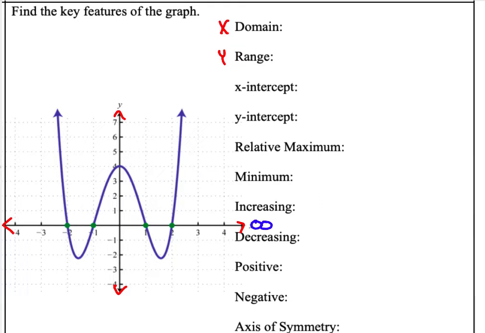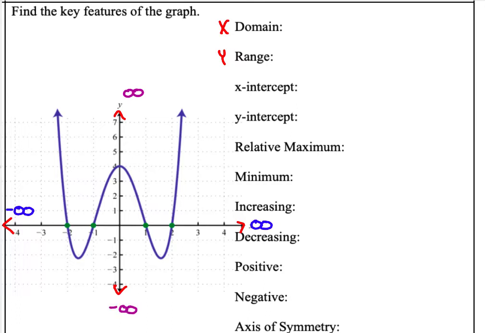Same thing in the negative x direction: negative 1, negative 2, negative 3, negative 4, I would eventually head towards negative infinity if I were to keep going. So if this graph got bigger and bigger, I would keep going farther and farther out there. Same thing with my y-axis. As I go up, I'm headed towards infinity. As I go down, I'm headed towards negative infinity, just so we can keep the two of them separate.